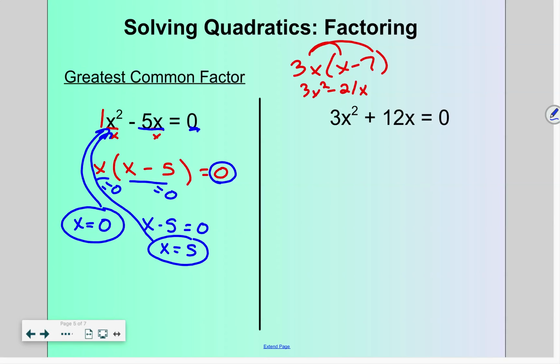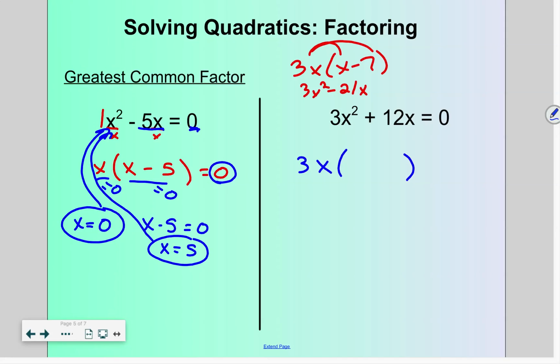In our second one here, notice that we can take out a number and a variable. For the number, we notice that both of these, the 3 and the 12, are both divisible by 3. So we can take a 3 out of both terms, and then they also both have an x squared and an x, so we could take a single x out of each one of those.